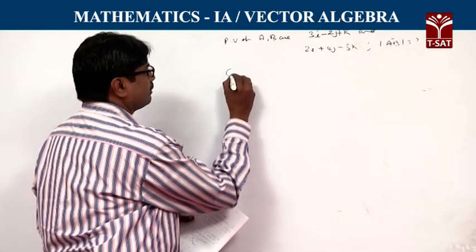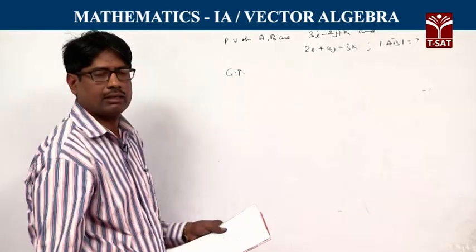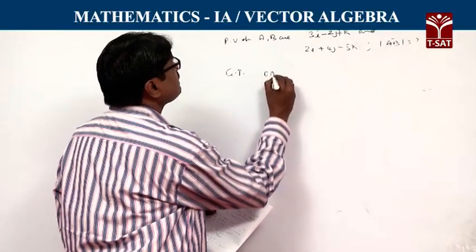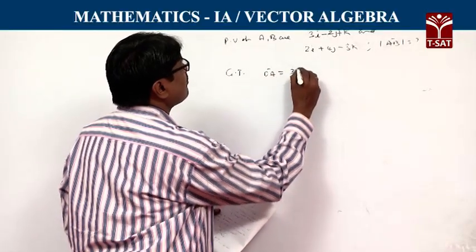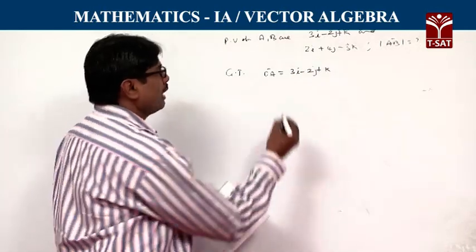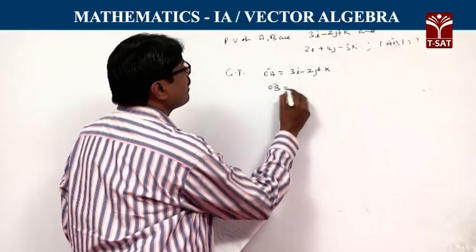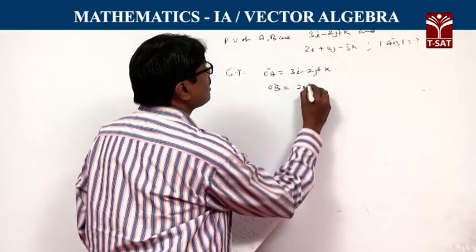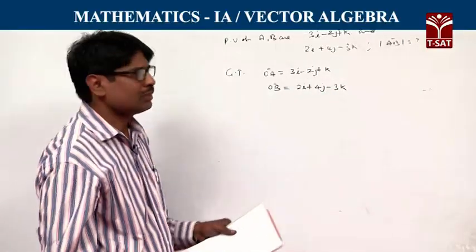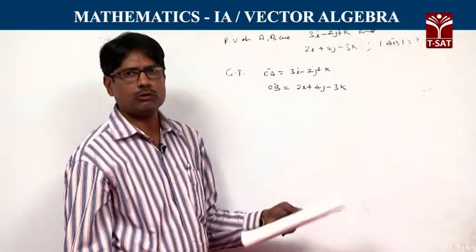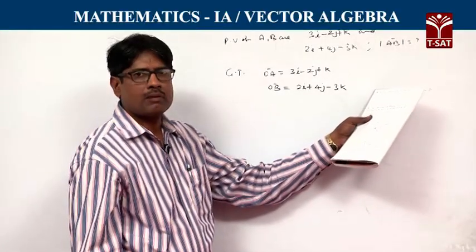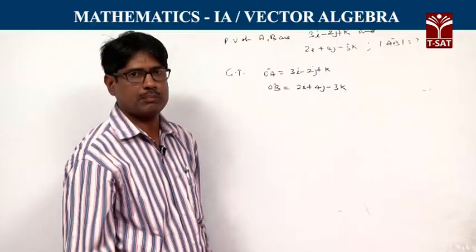So, given that in the rectangular coordinate system, OA bar is equal to 3 times i bar minus 2 times j bar plus k bar, and the position vector of B, OB bar, is equal to 2 times i bar plus 4 times j bar minus 3k bar. So find the length of AB bar, the magnitude of AB bar. To get the magnitude of AB bar, first calculate the position vector of AB bar.